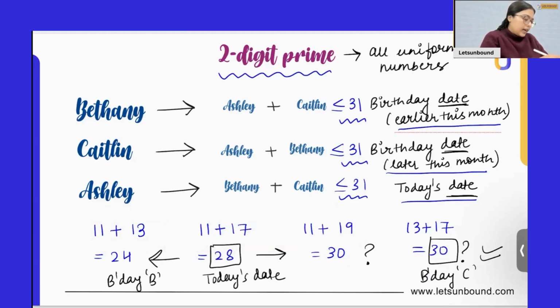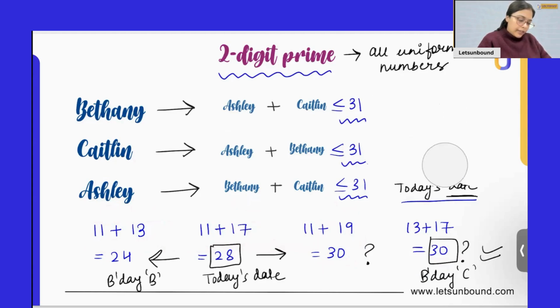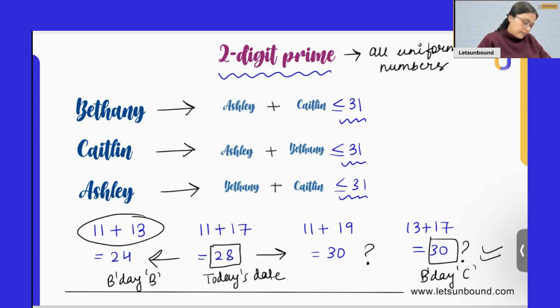Now let's see how we are going to do the placement for each of them. For today's date, we have Ashley plus Bethany. So we have 11 plus 13. I'm taking Caitlin as 11, Ashley as 13, right?